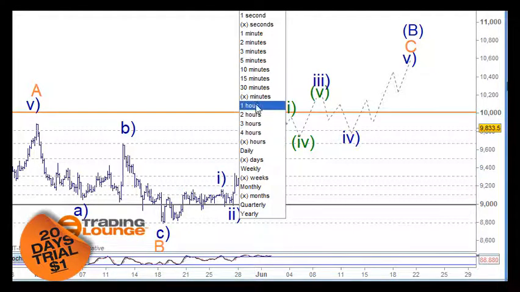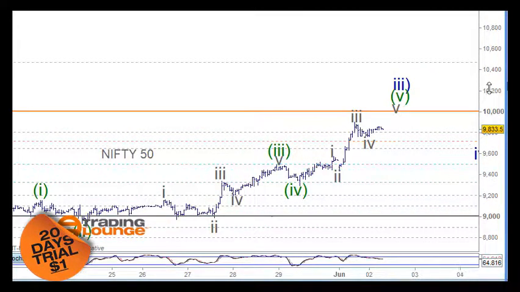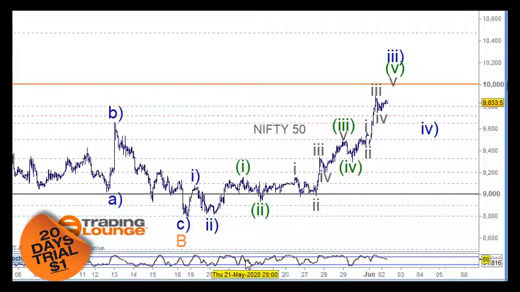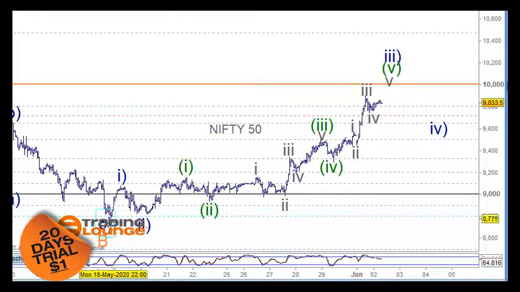So let's go to the 1-hour chart here for a little bit more detail. The case for this is that in the other way that we had it, this would be 1, 2, 3, 4, 5, but wave 4 would be overlapping wave 1.